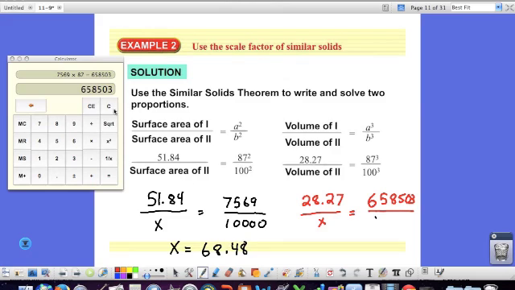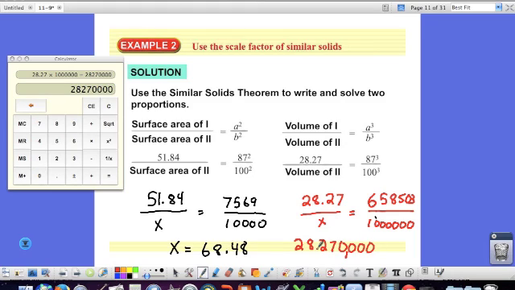This is going to be 1,000,000. So 28.27 times 1,000,000 is 28,270,000.